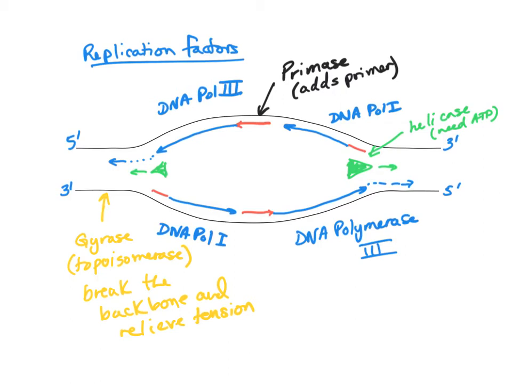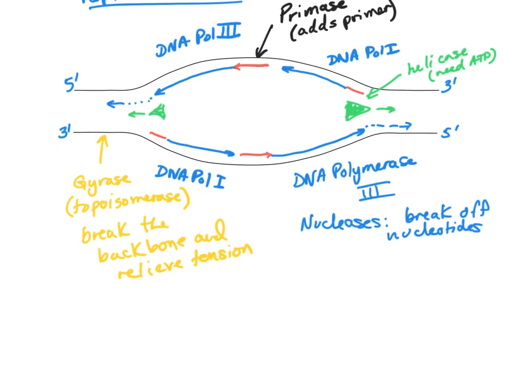So, lastly, we have to talk about a few items that are a little bit new, and that has to do with nucleases. Nucleases break off nucleotides from DNA. Let's give ourselves a little more room here.